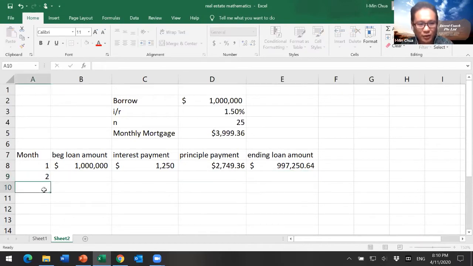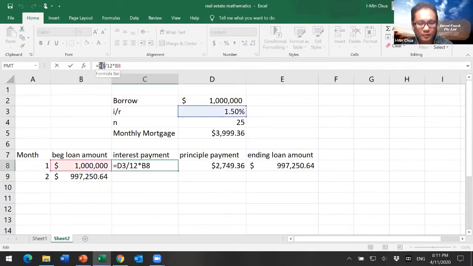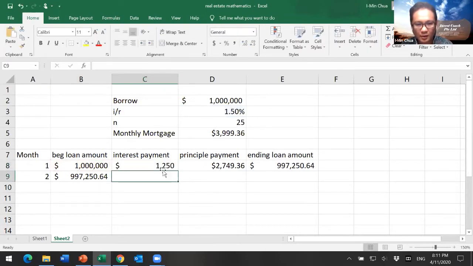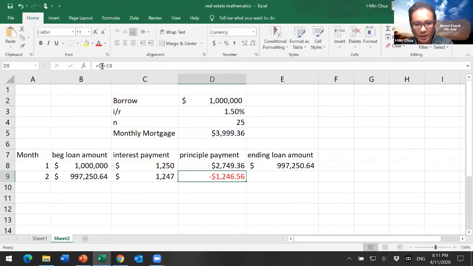So let's say you look at month two. Of course, the beginning of month two is equal to the end of month one. Interest payment: you can see that now your interest will get paid lesser and lesser. Why? Because your loan amount is lesser and lesser, and your principal payment is higher and higher. Sorry, I forgot to make some adjustment to the formula.